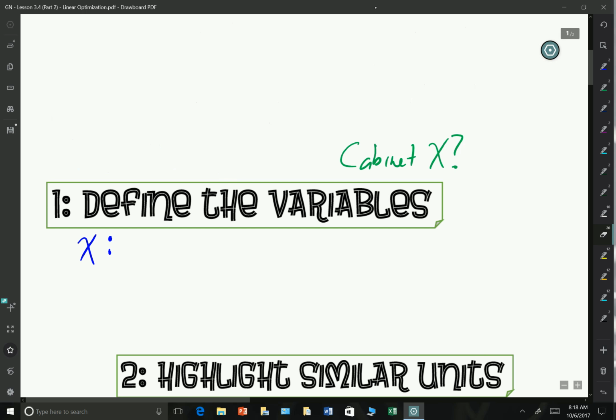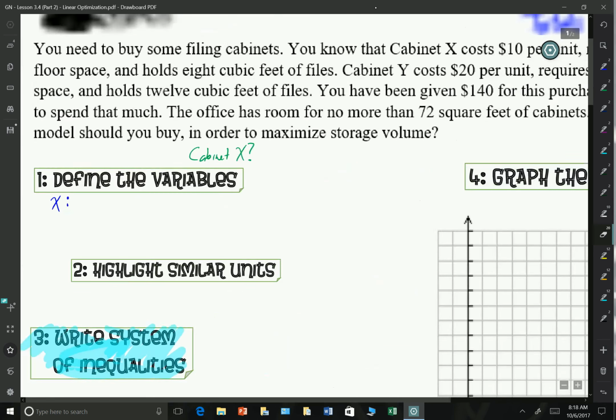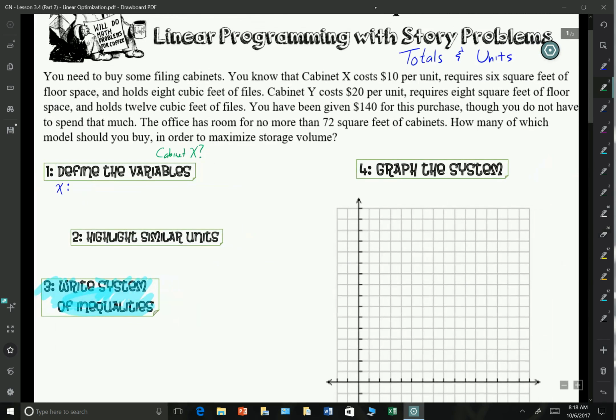But it's not just cabinet X in the way that we see it. It's cabinet X, but something with it. So we need to figure out, how do we interpret our paragraph? Our paragraph gives us every piece of information we need. Everything we need is given in the paragraph. You don't have to create something out of nothing at all. 10x.